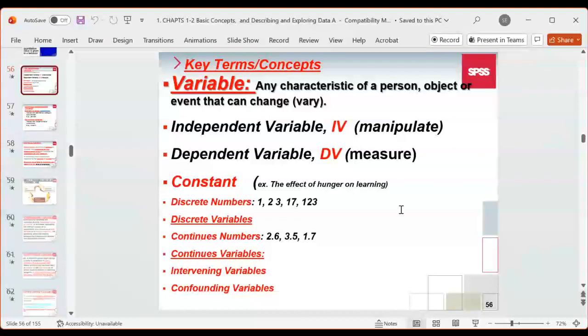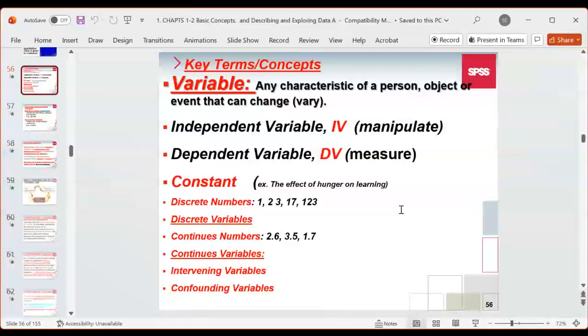Continuous variables, so for example, are volume, weight. Let's say you weigh 101 pounds and 10 ounces, okay? Or my coffee, I have 2.6 ounces of coffee here, okay? So those are continuous variables or continuous numbers.